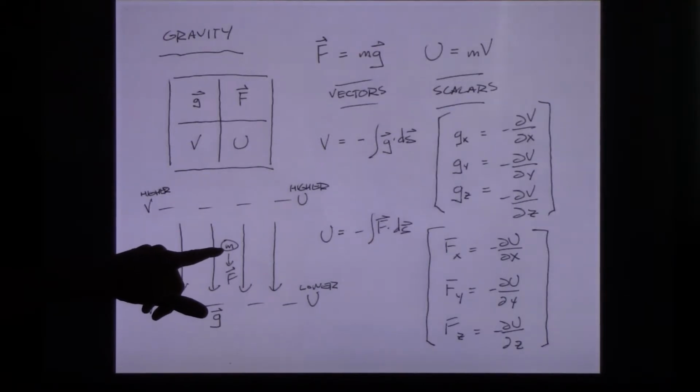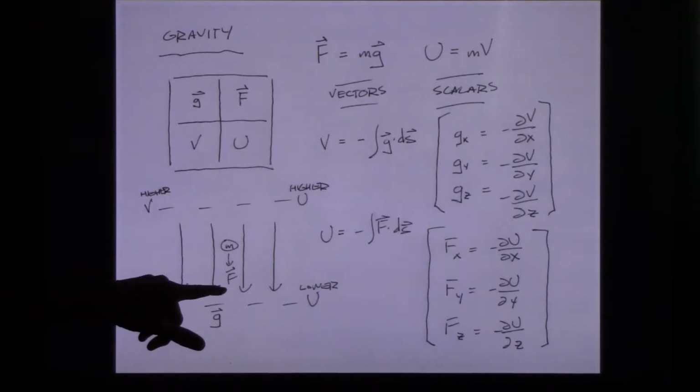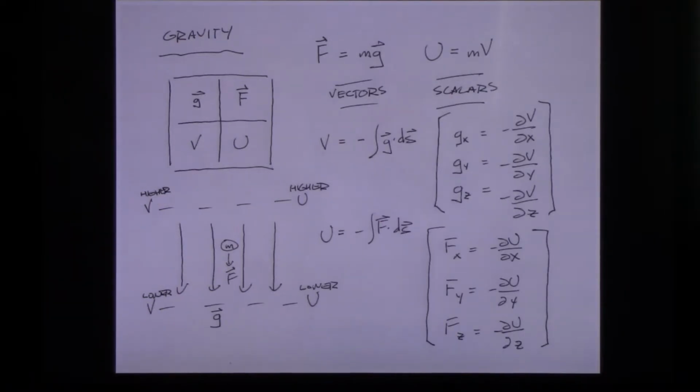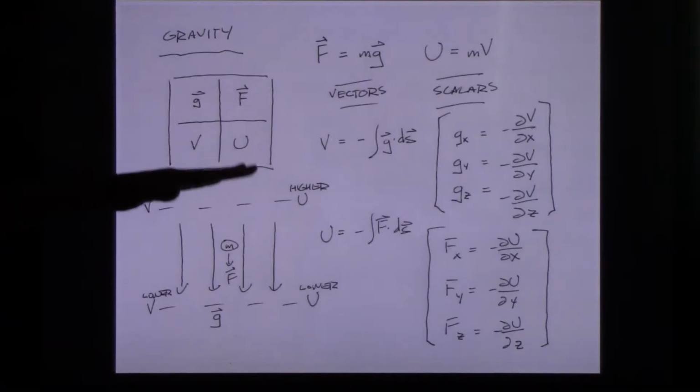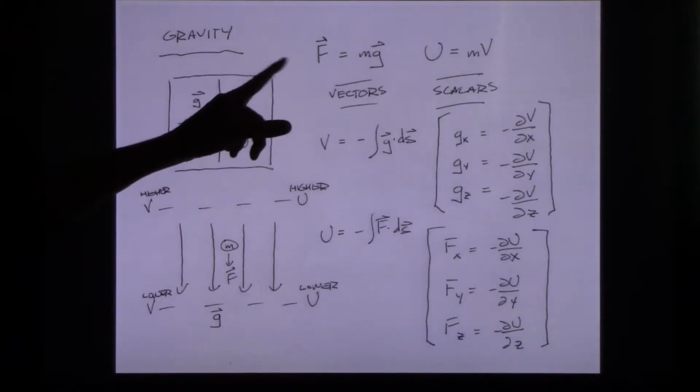So here's a gravitational field. There's an object in that gravitational field. It's going to experience a force. There's a gravitational potential associated with the field. There's a gravitational potential energy associated with the force. And so I can work back and forth between force and field.